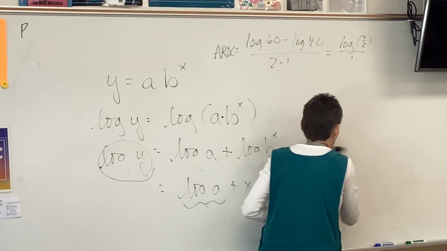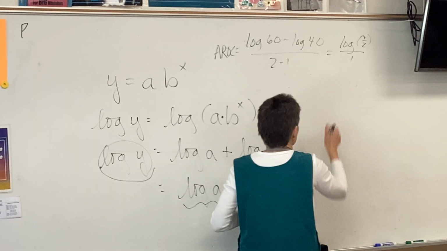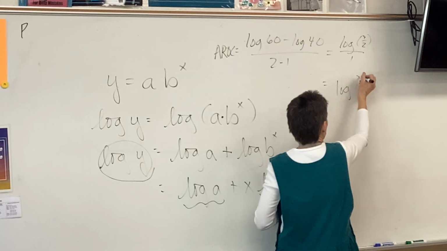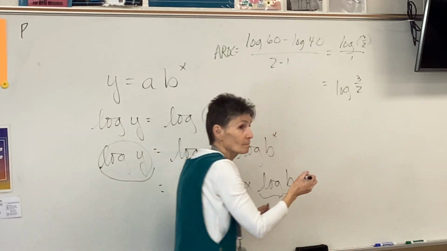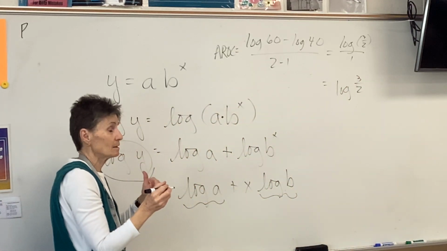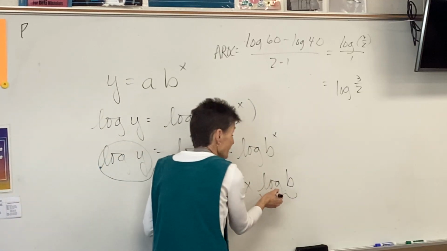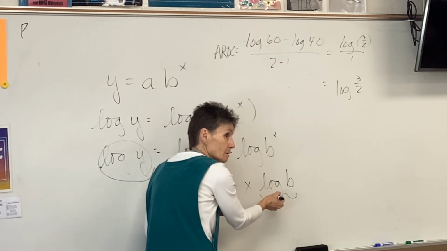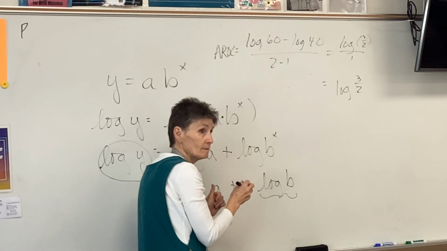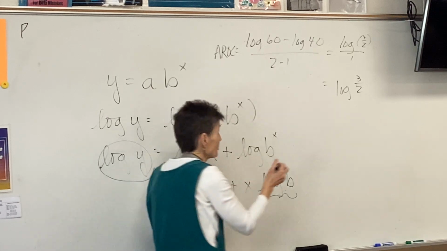Oh, maybe I do. Oh well. My rate of change is going to be the log of 3/2. Okay, now wait a second. Isn't that the slope? So don't I now know B? B is 3/2.